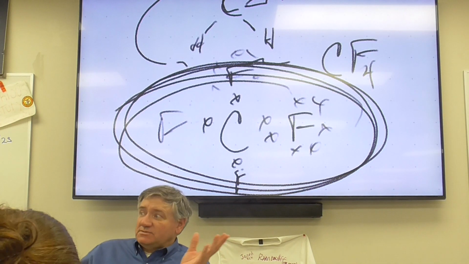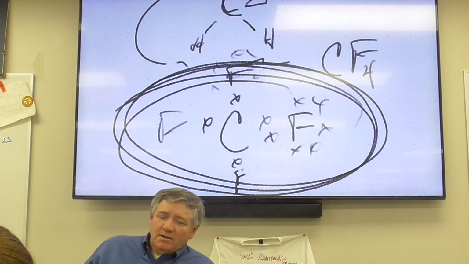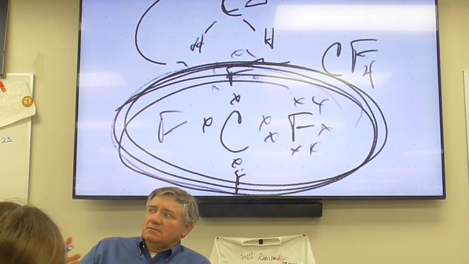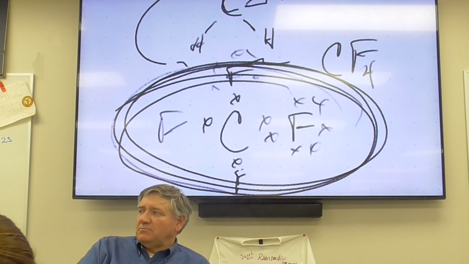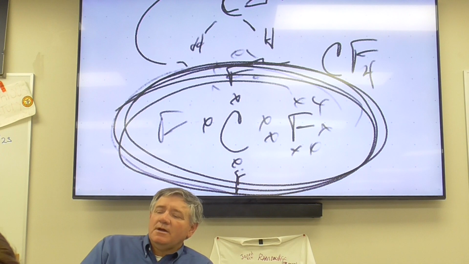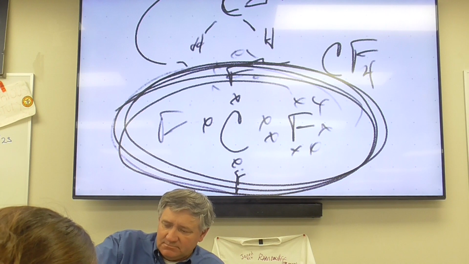Yeah, there are no non-hybridized p orbitals to form a double bond. So all of these are just going to exist as single bonds, as sigma bonds. Got the idea?